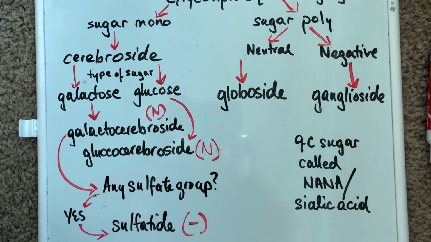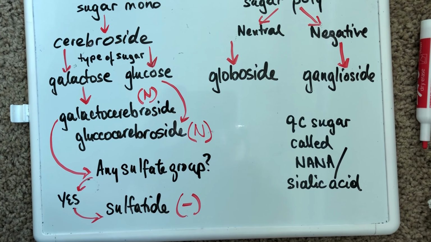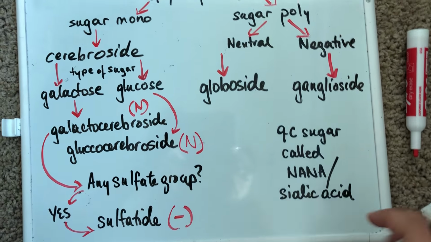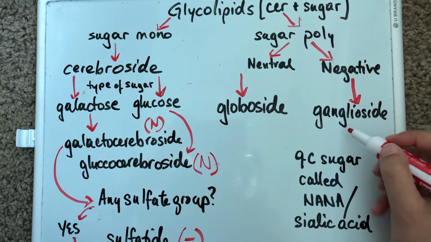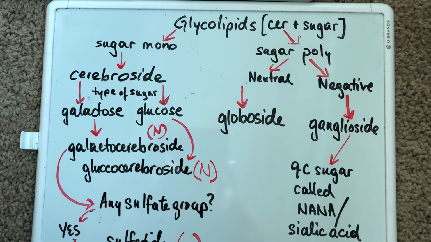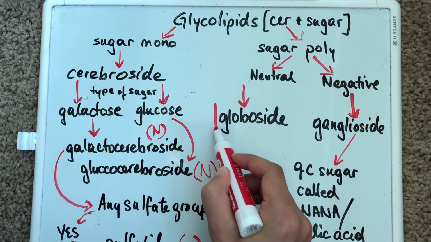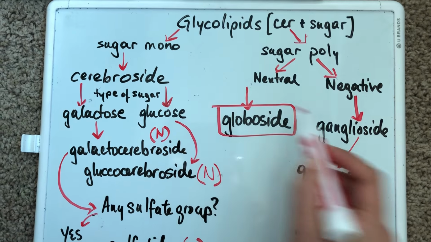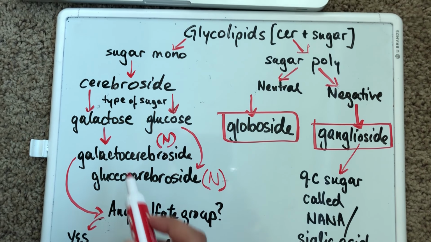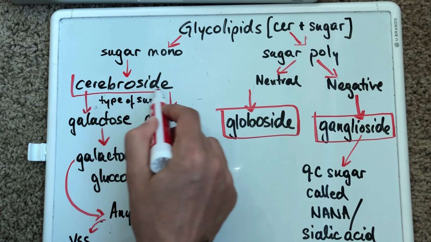NANA is short for N-acetylneuraminic acid. Quite a mouthful. So this contains a 9-carbon sugar called NANA, and these are the final names for all of our glycolipids. Hopefully that didn't get too confusing.